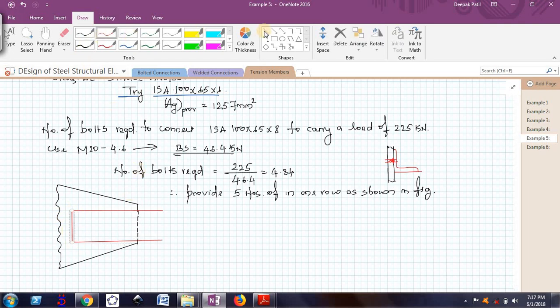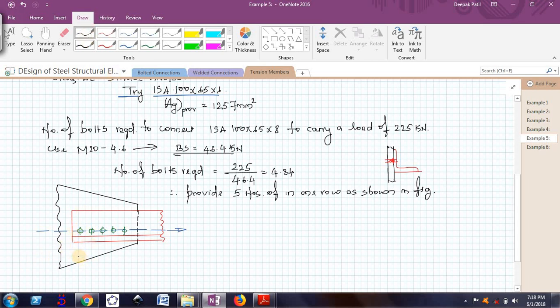Okay, so I should show double line, that is the thickness of the angle. Discontinuity, I will show 4 numbers of bolts. This is a line of action of force. I should show those bolts here. Okay, 1, 2, 3, 4 and 5. 5 numbers of bolts.